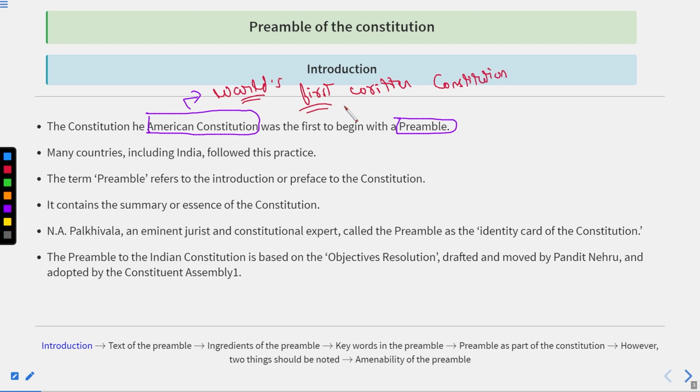Always remember that the American Constitution is the world's first written constitution. Many countries, including India, followed this practice. The term preamble refers to the introduction or the preface to the Constitution.